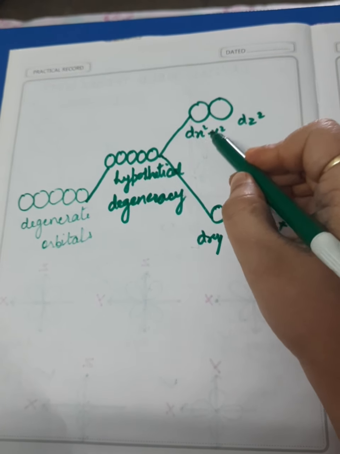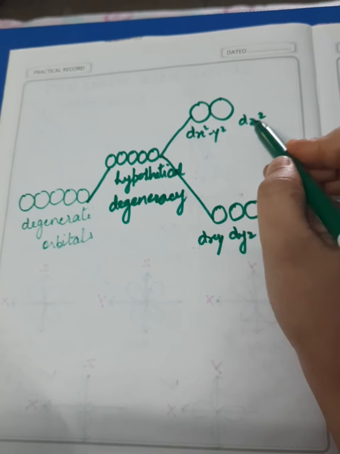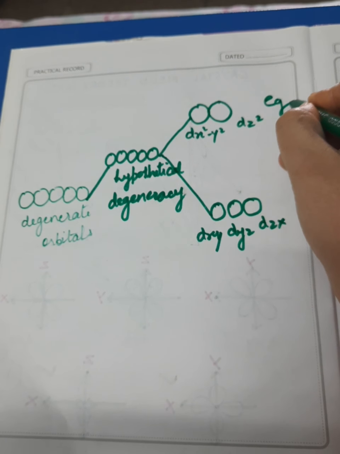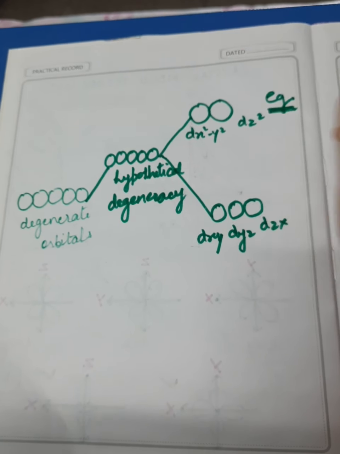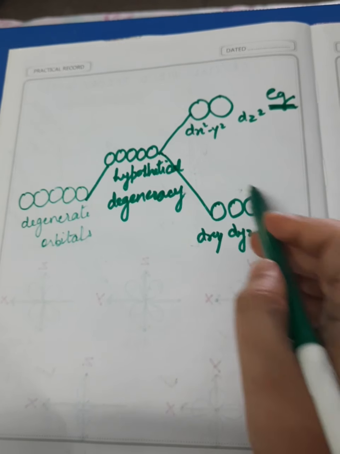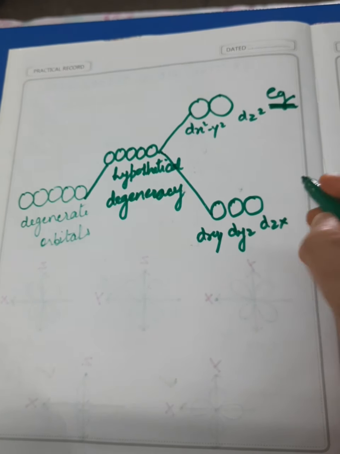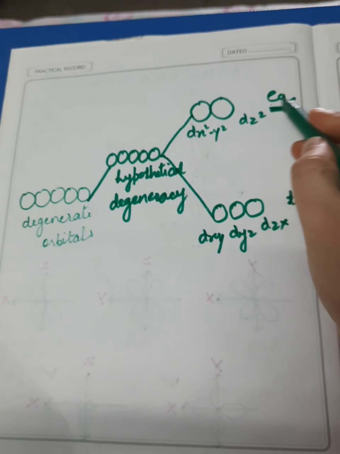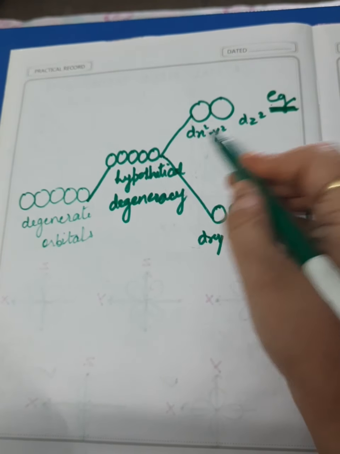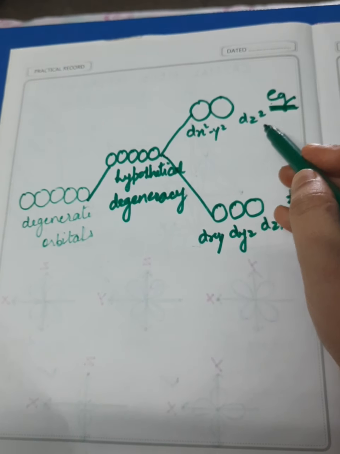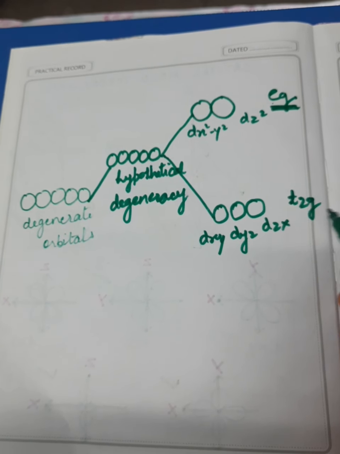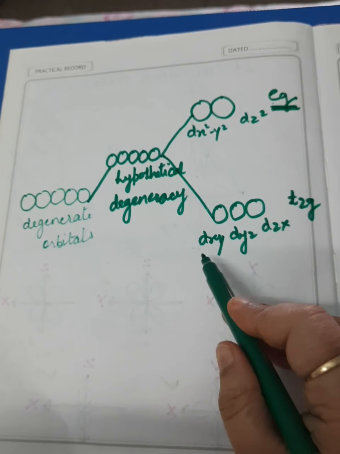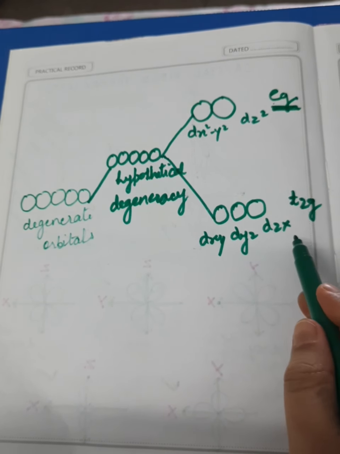The two orbitals which get maximum repulsion are called the EG set. The orbitals which get minimum repulsion are known as the T2G set. So in the EG set we have two orbitals, dx square minus y square and dz square, and in the T2G set we have three orbitals, xy, yz and zx.